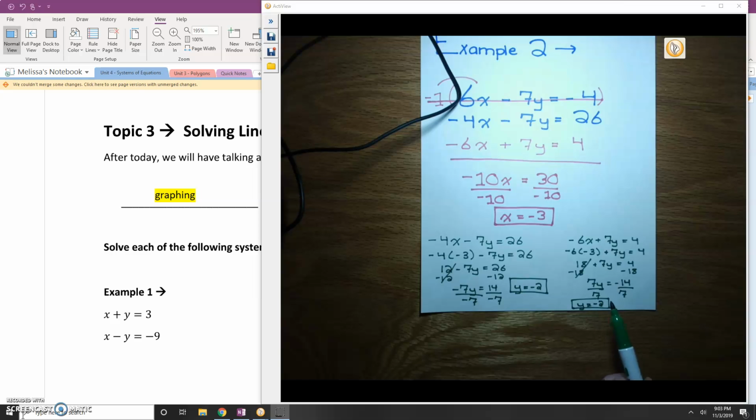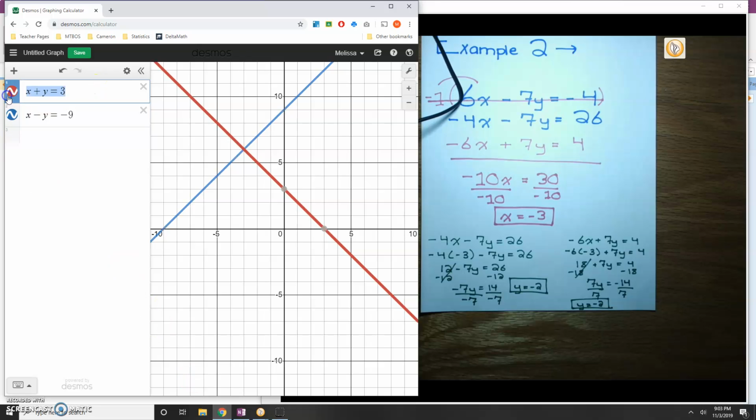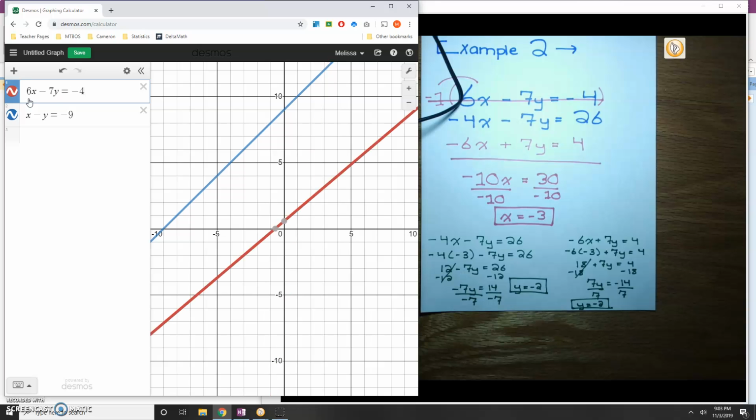So our intersection here is going to be at the point -3, -2, and check it. If you're doing your homework tonight, check your work. You should end up with your intersection. So 6x minus 7y equals -4. When I do this, I'm going to plug into my original two equations in blue, just in case I accidentally multiplied something wrong right off the bat.